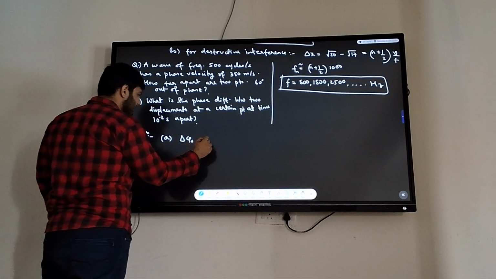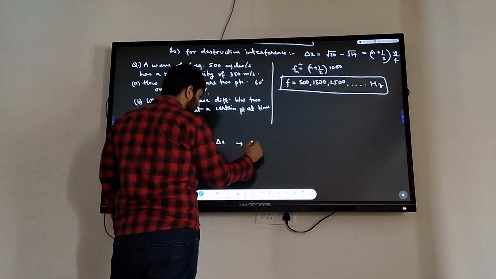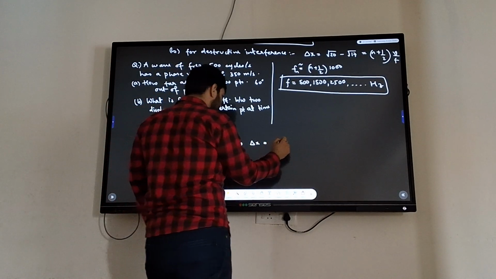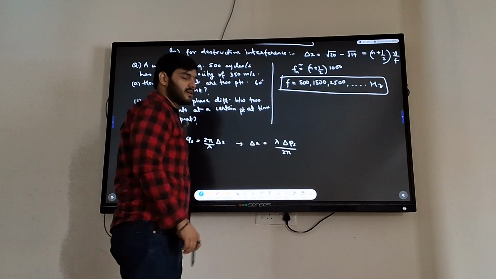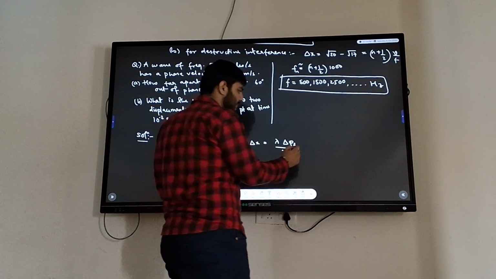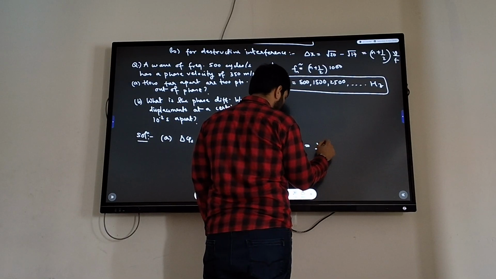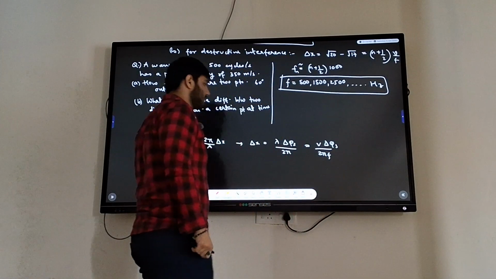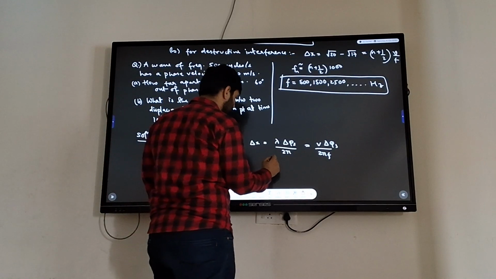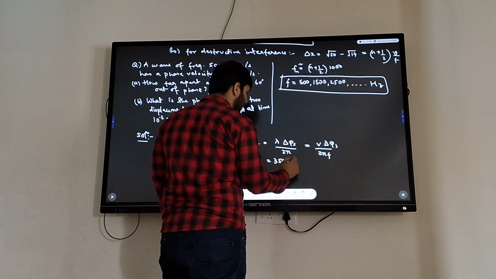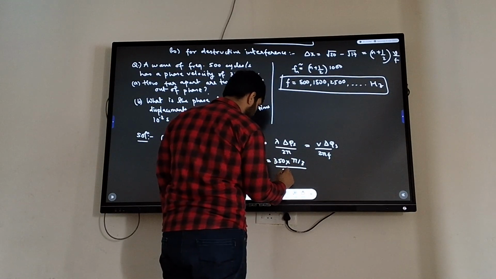Spatial phase difference is given to be 2 pi by lambda delta x. You have to find delta x. So that's lambda into delta phi s divided by 2 pi. V equal to f lambda, then lambda equal to v by f. And बताओ v कितना है 350. Delta phi is pi by 3. 2 pi.